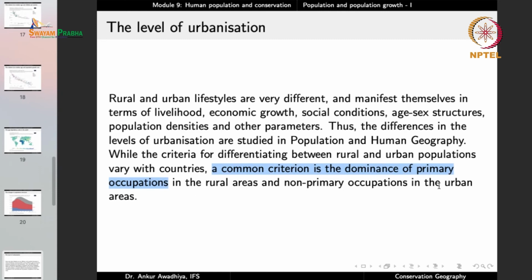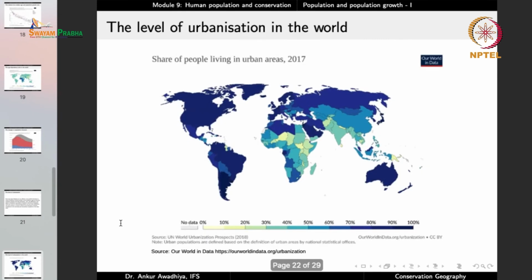So a common criterion is the dominance of primary occupations in the rural areas and non-primary occupations in the urban areas. And if we look at the level of urbanization in the world, today we have a large fraction of people that are living in urban areas.